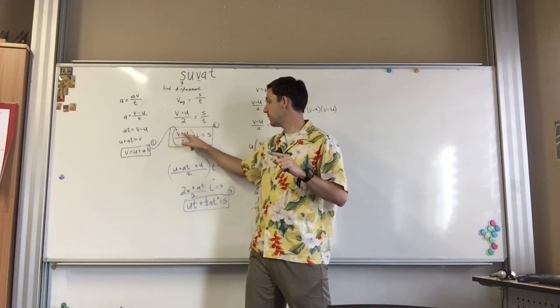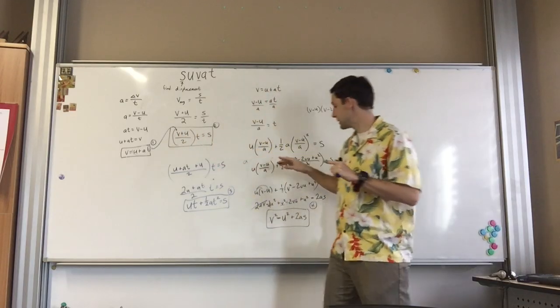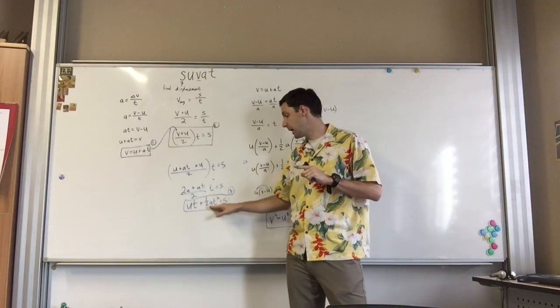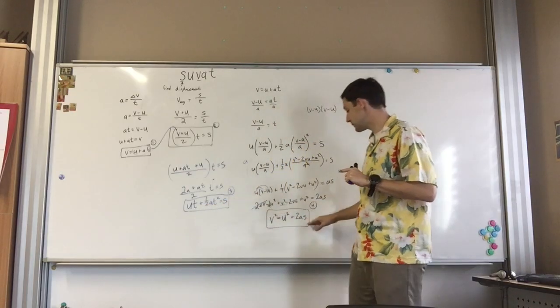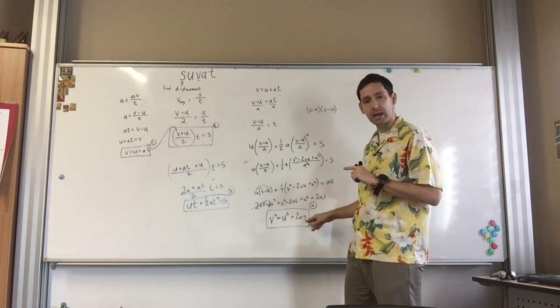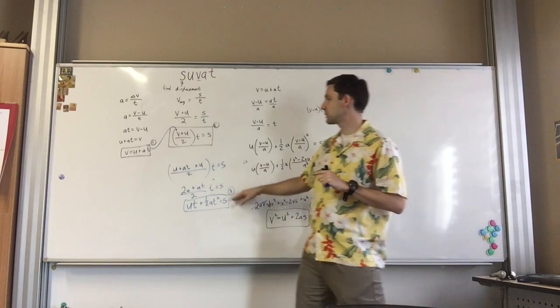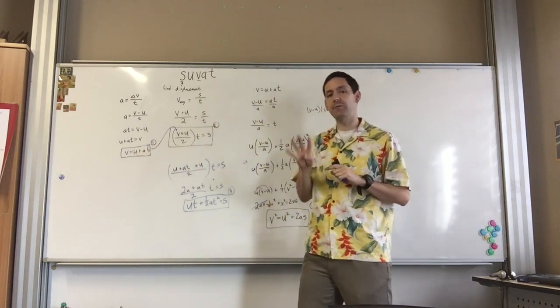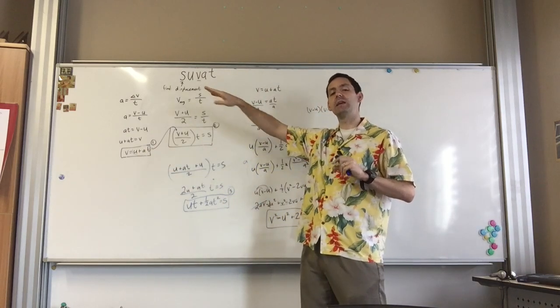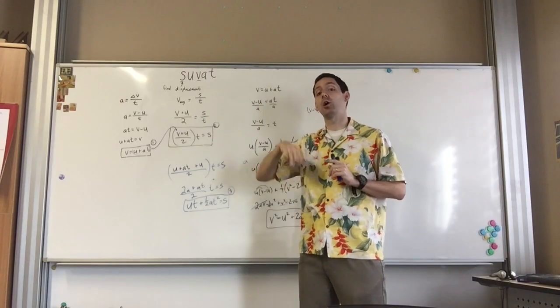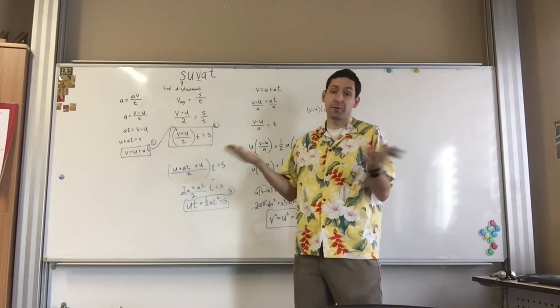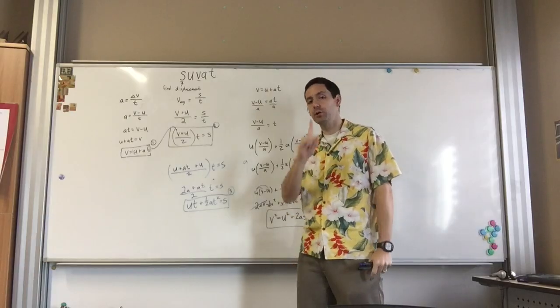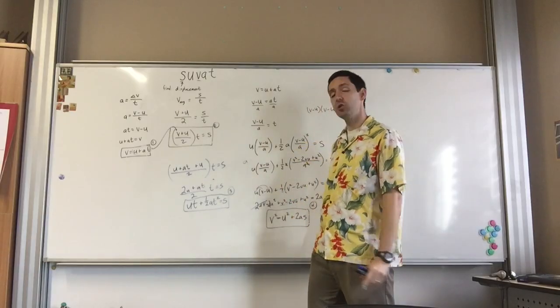So this one has v, u, t, and s. This one right here has u, t, a, and s. And then this one has v, u, a, and s. Each one of these 4 equations uses 4 different variables from up there. So given any 3, I can always find the 4th and the 5th technically. But if I'm only looking for 1 piece of information, then I can get it using one of these.